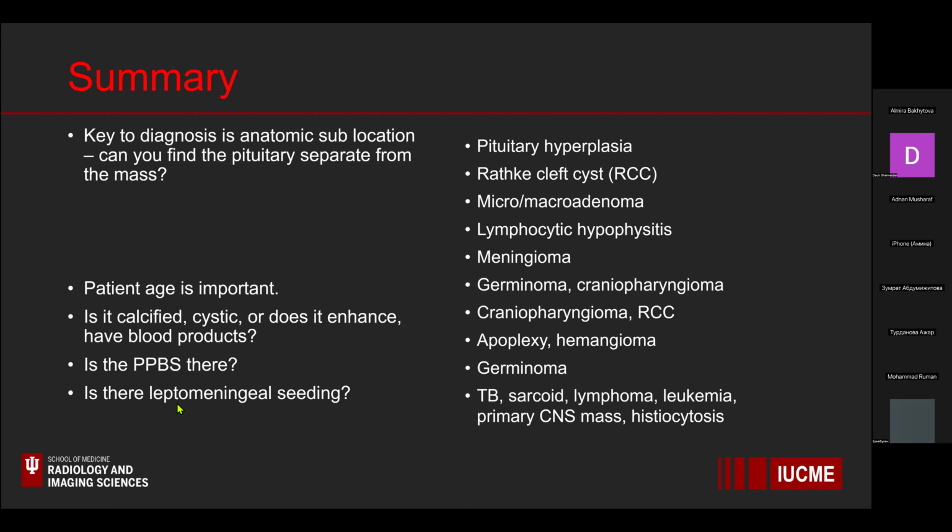Finally, if you see leptomeningeal seeding, you can entertain this larger set of differentials: TB, sarcoid, lymphoma, leukemia, or there may be a primary CNS mass like a medulloblastoma that seeds with the CSF space. And finally, histiocytosis. And if you know the patient has a primary bronchogenic or breast carcinoma, then oftentimes the lesion that you're seeing in this space will be metastatic disease.